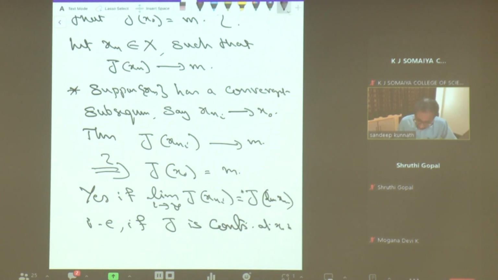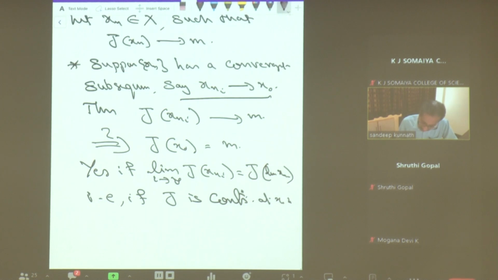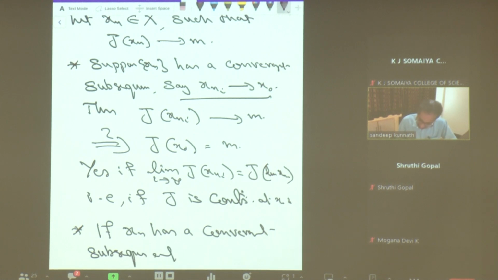Okay. So there are two things. The final message is that if x n has a convergent subsequence, and if J is continuous at x naught, then the infimum, the minimum, is achieved.